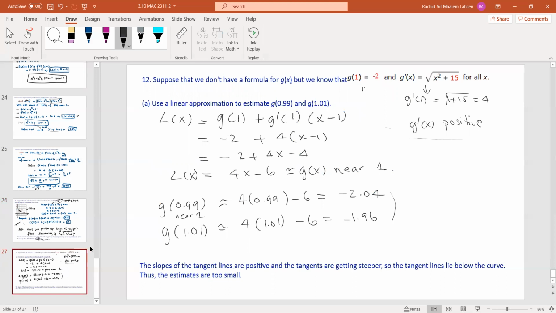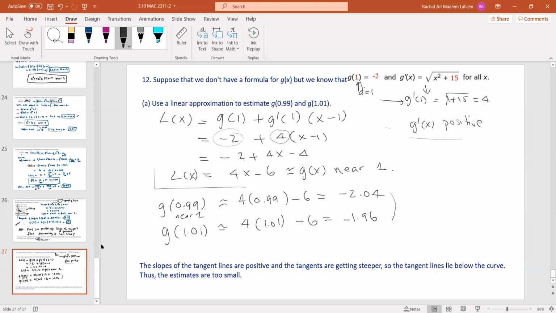So number 12, now a similar case, but you're given g of 1 is -2, but here instead of the graph you're given the derivative as a formula, which is okay because a is 1, so you can use 1 there to find the value. You can use it again in the tangent line approximation or linearization or linear approximation, whichever one we use.